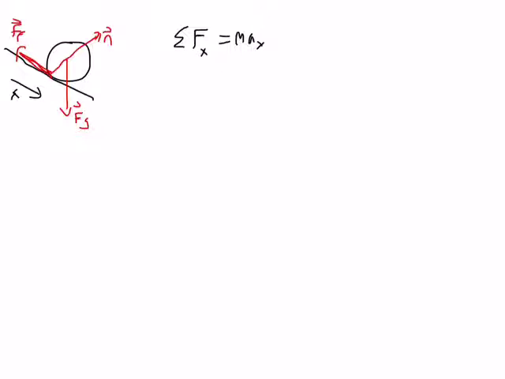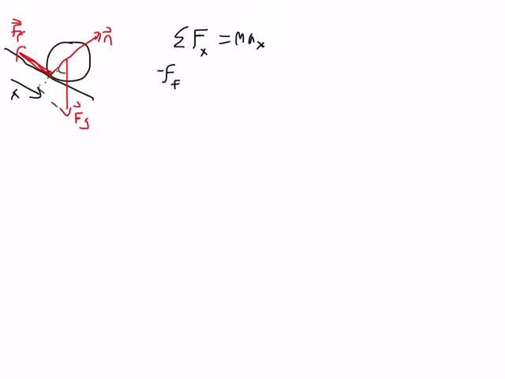The normal force is in the y direction as it's drawn, so it doesn't contribute at all to this. So we only have the frictional force, which is up the ramp, so negative, and part of gravity, right? I'm going to sketch this.